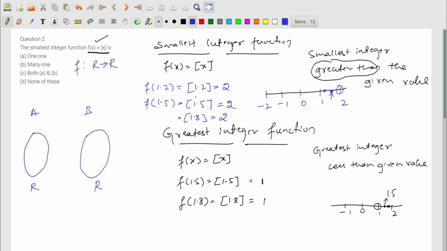Taking these examples, 1.2 is a real number. What is its value? 1.2 is connected to 2. If you take 1.5, again it is connected to 2, 1.8 still 2. So all these three, 1.2, 1.5, 1.8, are related to 2. Hence it is a many one function.